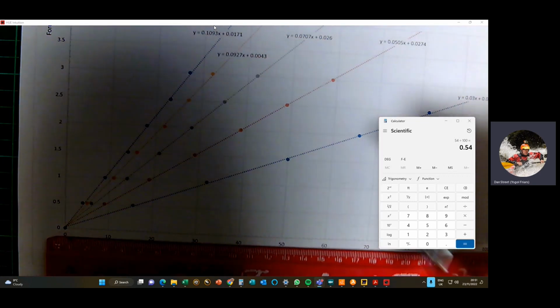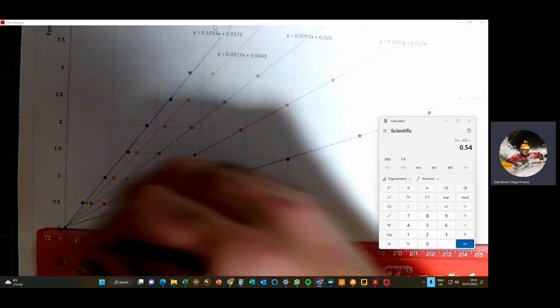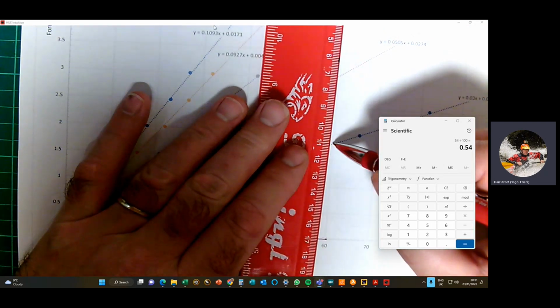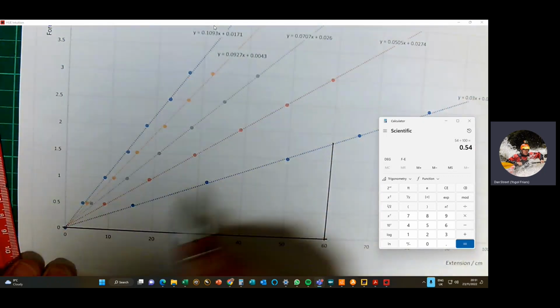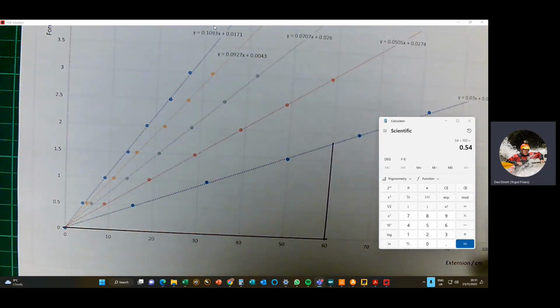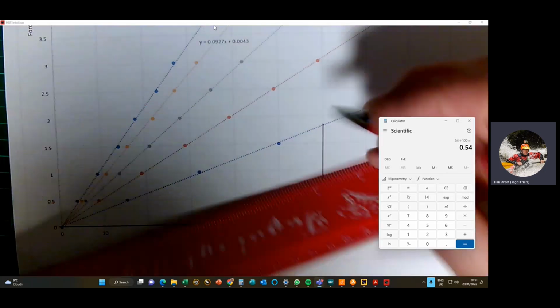So if we put a new triangle on here, this graph is for the linear extension of a spring, because these lines are all nice straight lines. They all fit the data perfectly. You'll notice that if I do that, I end up with a triangle.